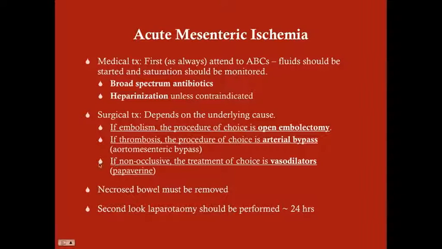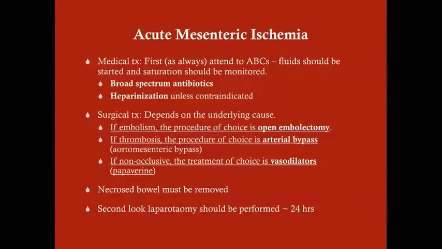And then if it's the non-occlusive mesenteric ischemia, the treatment of choice is going to be vasodilators. What is usually done here, I've never seen this done, but I've read about it and talked to some surgery residents who apparently have seen it done, but I'd never heard of it until recently.